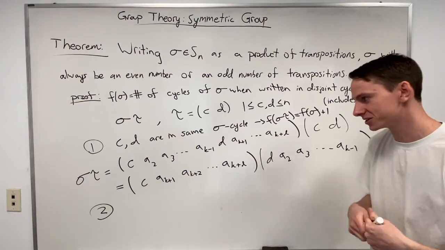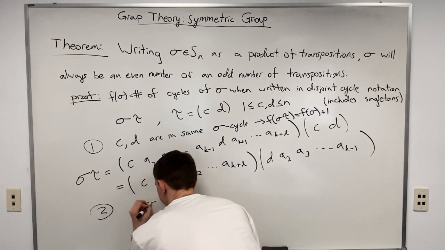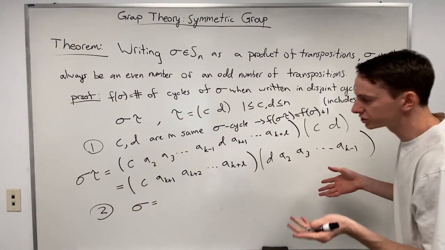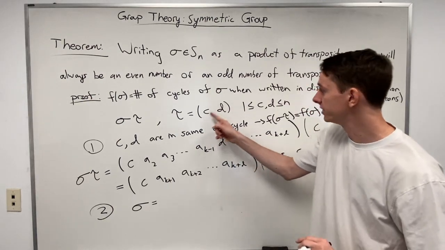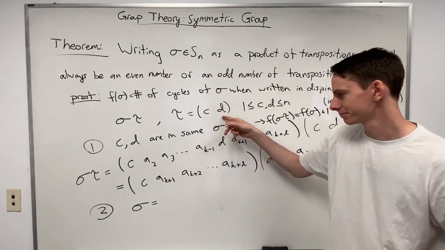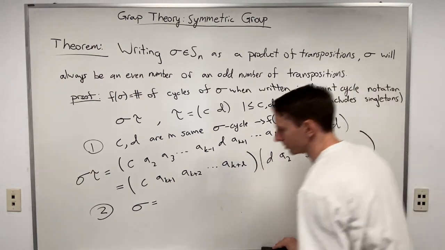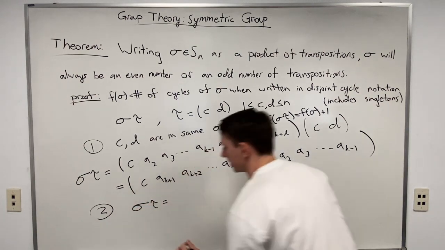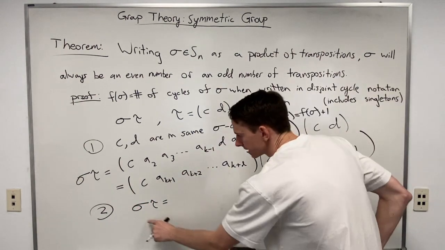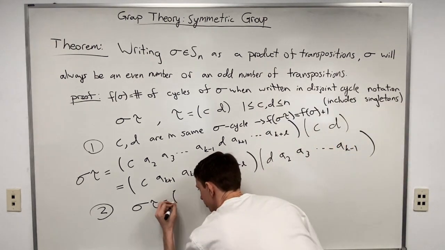And what we are going to do is say, let's say that sigma, in disjoint cycle notation, but the only 2 cycles that we care about are the one that contains C and the other that contains D. Conveniently, we already have an expression for that right here. So let's say that we'll write sigma tau, but let's say sigma can be written like this bottom line that we have right here. So let me just write this out real quick.